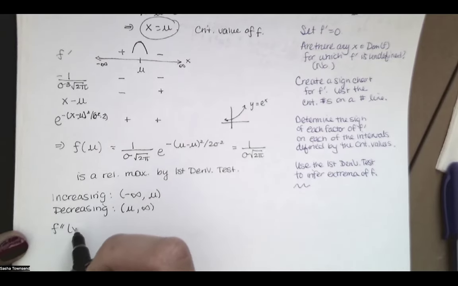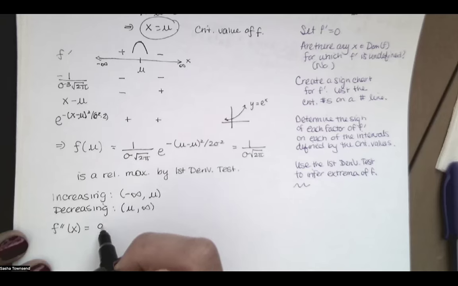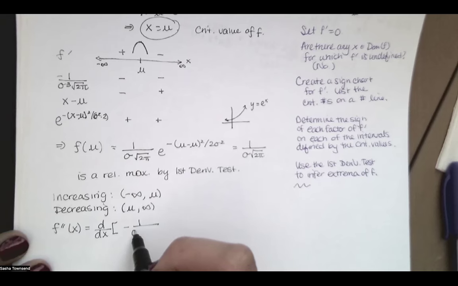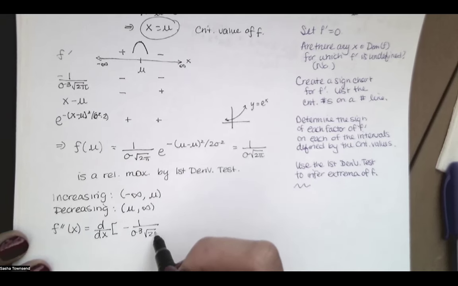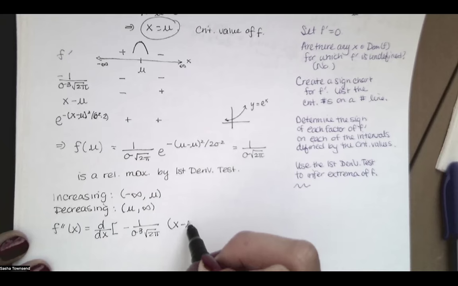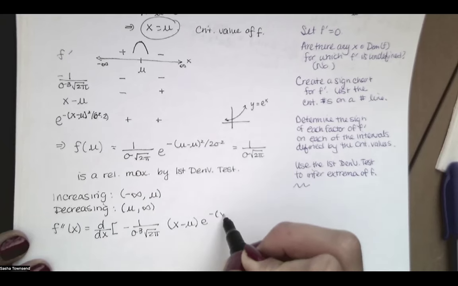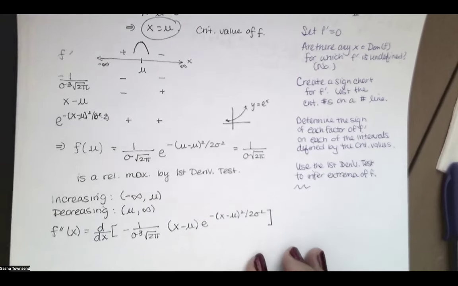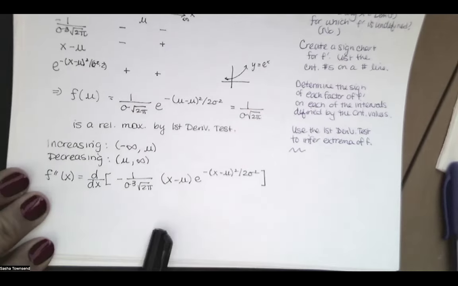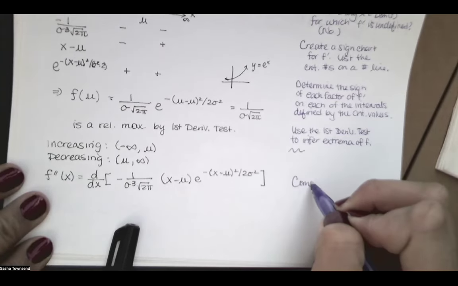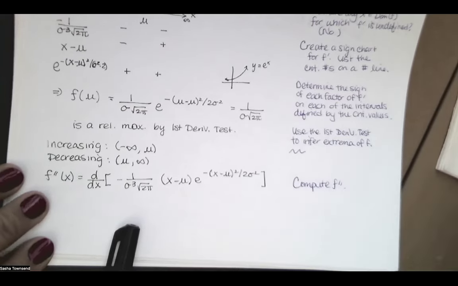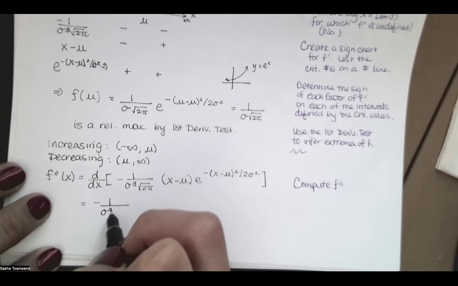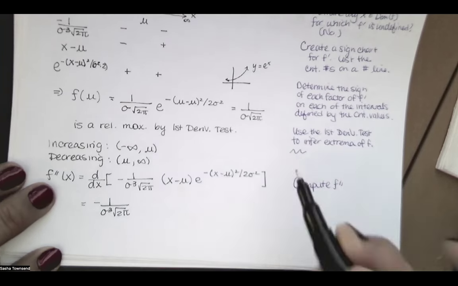So we've got the second derivative of f is the derivative with respect to x of the first derivative, which is this negative 1 divided by sigma cubed times the square root of 2 pi times this polynomial factor times the exponential factor. And we've got our constant out front, so we'll just write that constant down, times the derivative of this product.